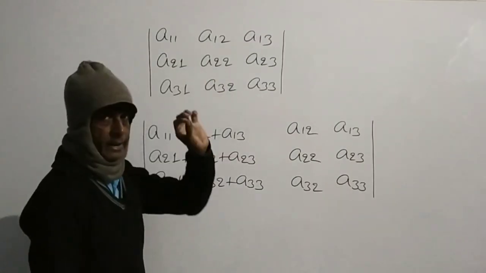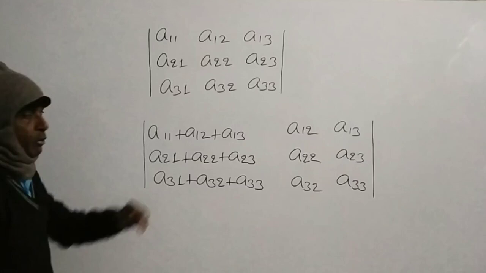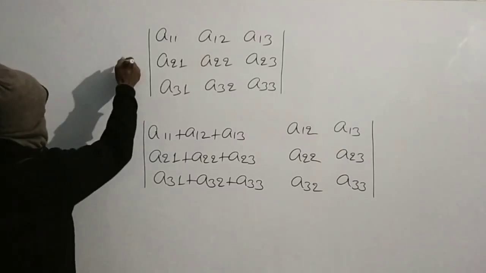Suppose this is a determinant and the value of this determinant is delta.